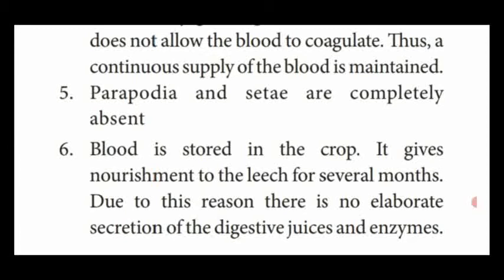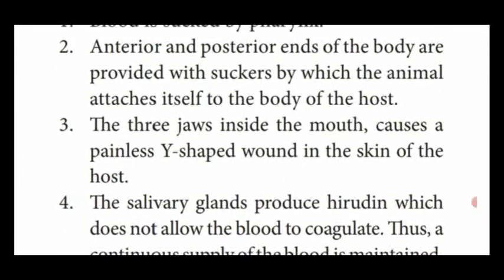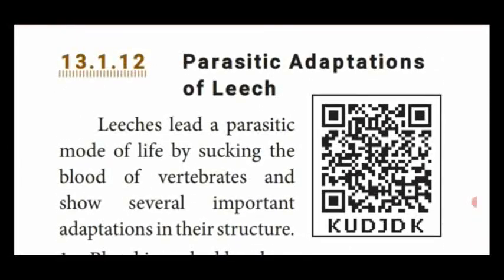Why? Because the crop stores the food for several months and nourishes the leech for several months. That's why they don't have elaborate digestive juices and enzymes. So these are the different parasitic adaptations of leech.